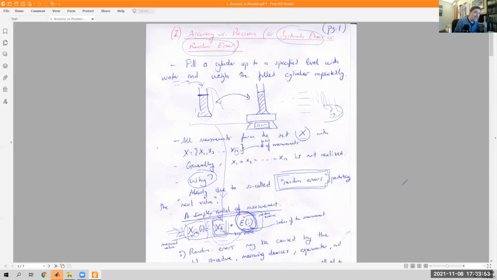Now, can I call this random error? Indeed, no. And a little bit, yes, but I'm going to talk about why there is also the no part. Note that random error is assumed to be symmetric in two directions.